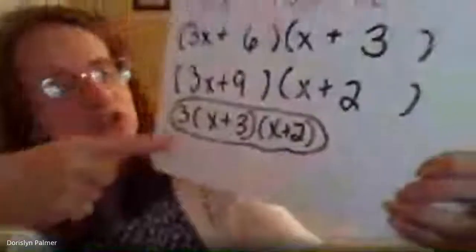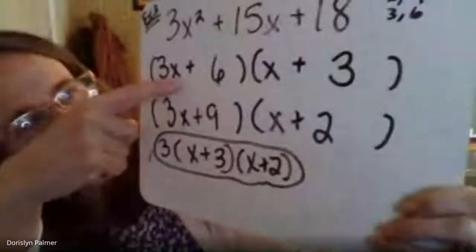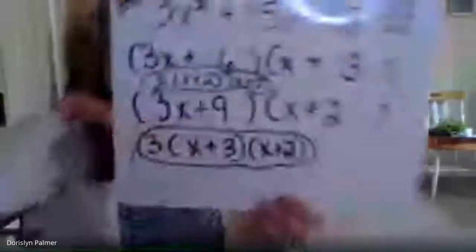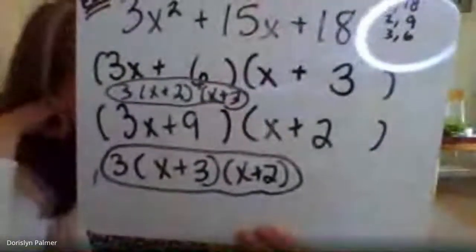All right, so I factored a 3 out of Nicholas's and just took it one more step. If I factor out a 3 from Abby's, I'm going to get the same thing. 3 times x plus 2 times x plus 3. All right, it's just in a different order, but it's the same.